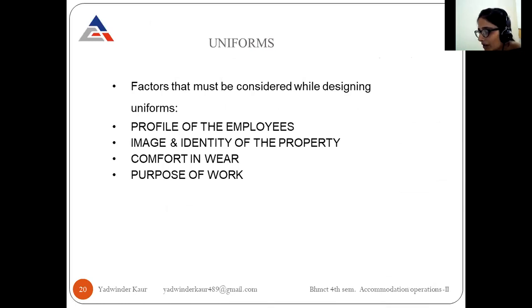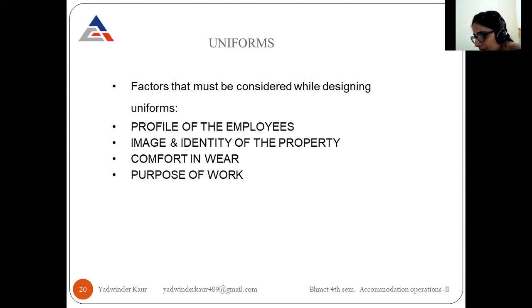Uniforms. Now we will learn about the uniforms. Factors that must be considered while designing uniforms: profile of the employees, image and identity of the property, comfort in wear, purpose of work. If you newly join any property, you will get the uniform, right?